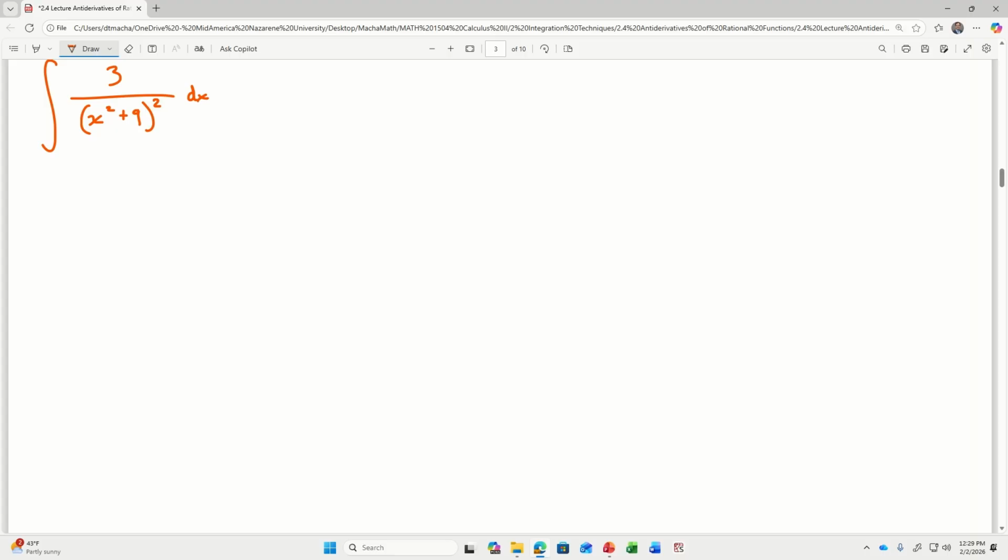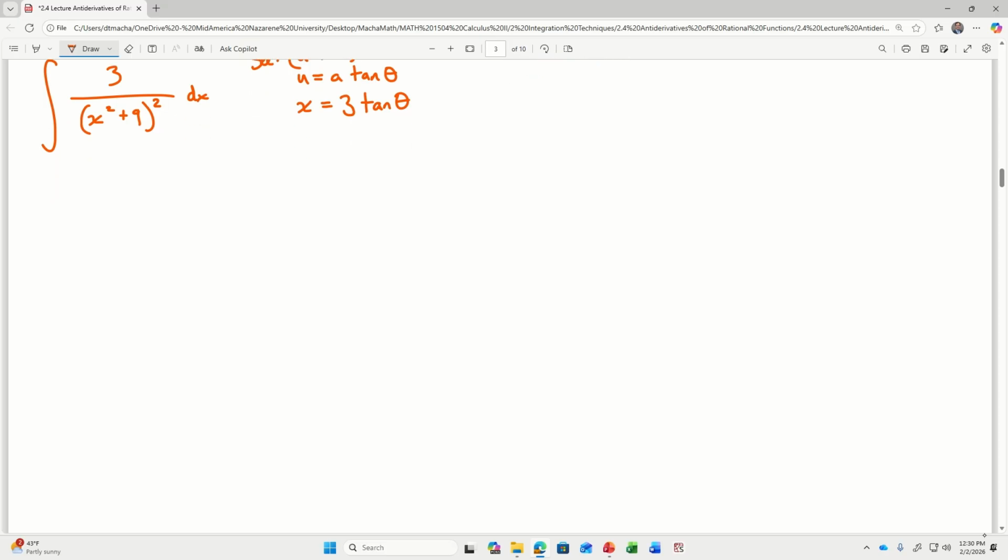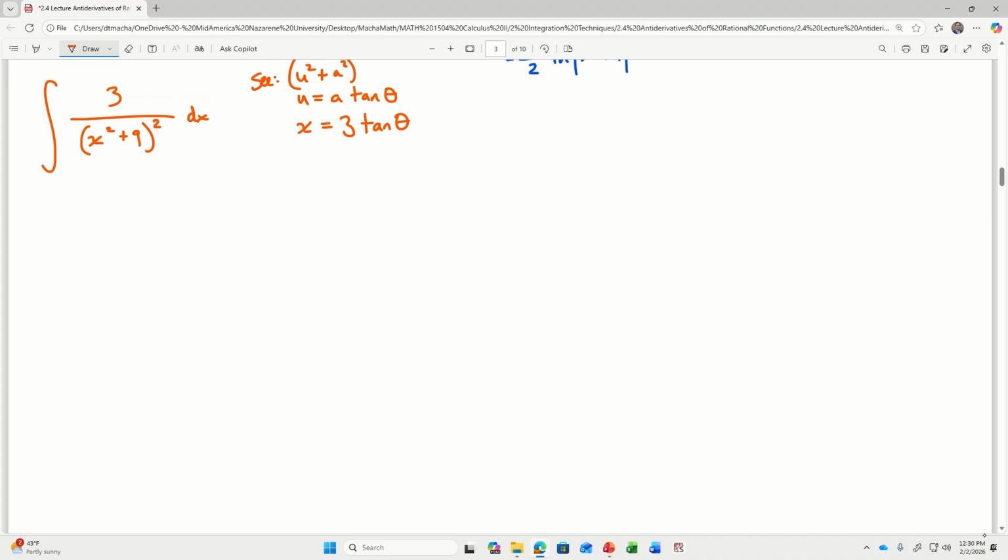If I see a variable squared plus a constant squared, that tells me I write u equals a tangent theta. Here, the u part is just x. The a part is 3. What we see here is u squared plus a squared. So we're going to use the substitution x equals 3 tangent theta.